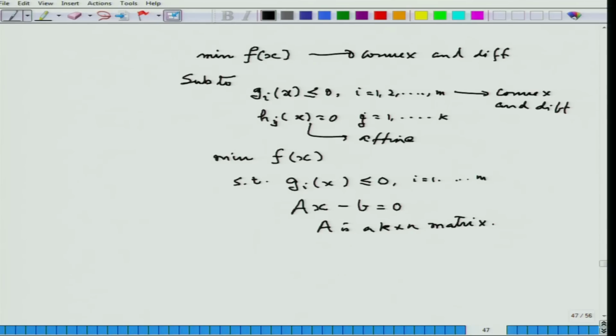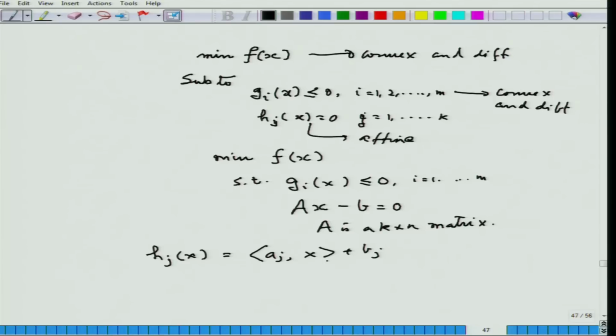Now, how do I write this? Because each h_j(x) can be written as a_j x plus b_j. Now, there are k such constraints. So, linear plus some translation, that is the meaning of an affine function.